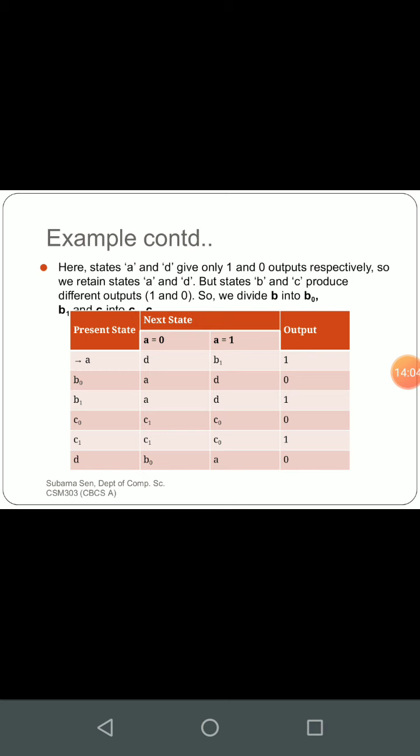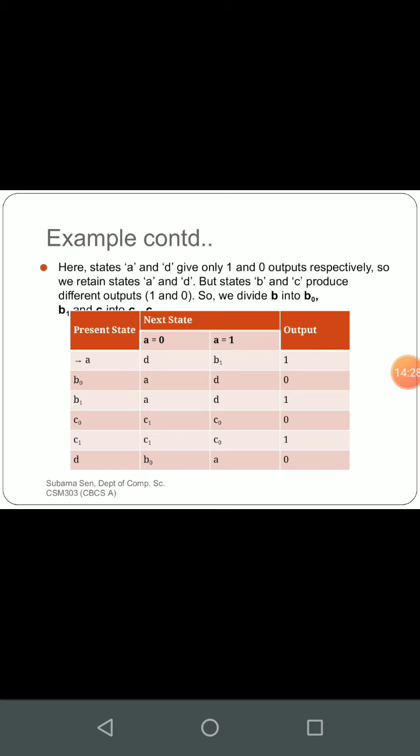But if you see in case of b, if you see the previous table or Mealy machine table, you can see it at one place, where present state was d and next state was b, it was generating the output 0. But when our present state was a and next state was b, it was generating output 1. That's why we have separated b into 2 halves. One is 0, another is 1.